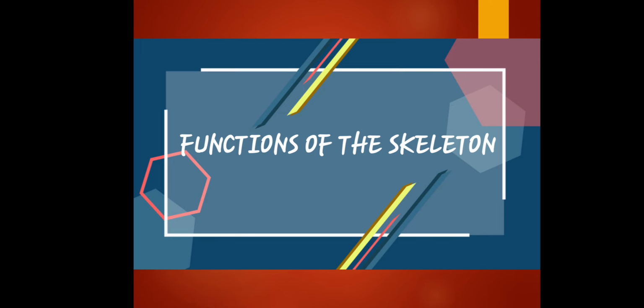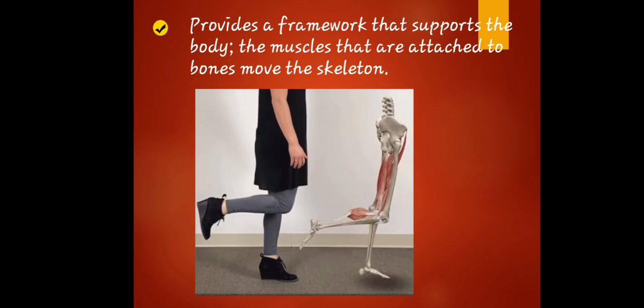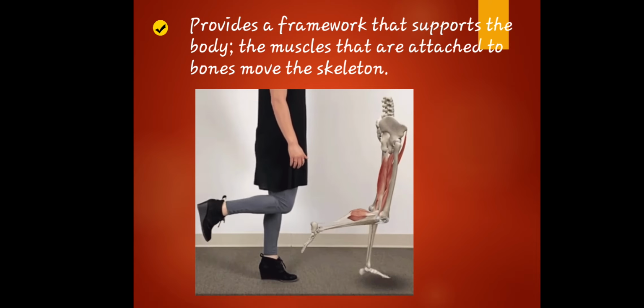So let's now focus on the functions of the skeleton. It provides a framework that supports the body. The muscles that attach to bones move the skeleton. That is the reason why we can walk and why we can flex our body.